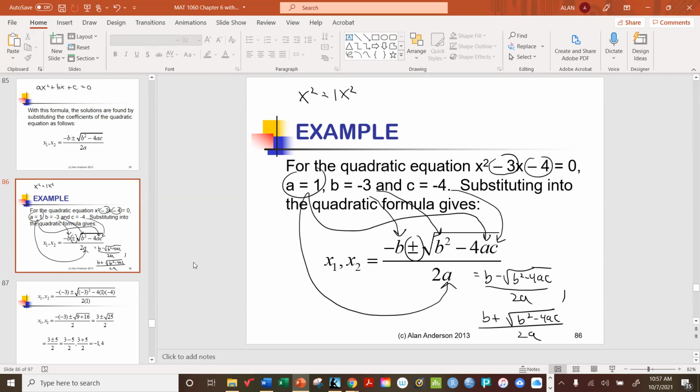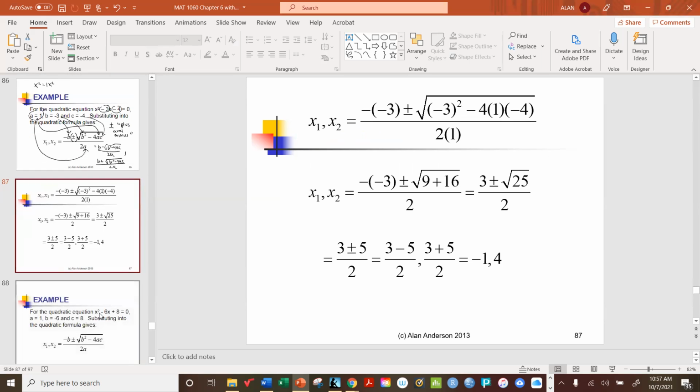So there's two different numbers here. This is just the shorthand for plus and minus. It's just a little bit more compact than writing out two separate expressions. All right, so let's plug in some numbers. And again, we're simply replacing all the letters with the coefficients. Now, the tricky part is here.